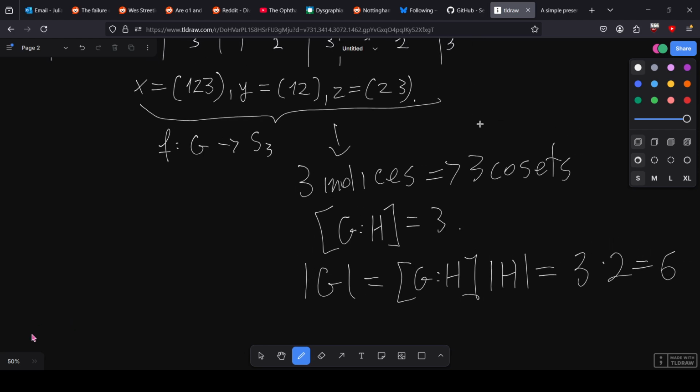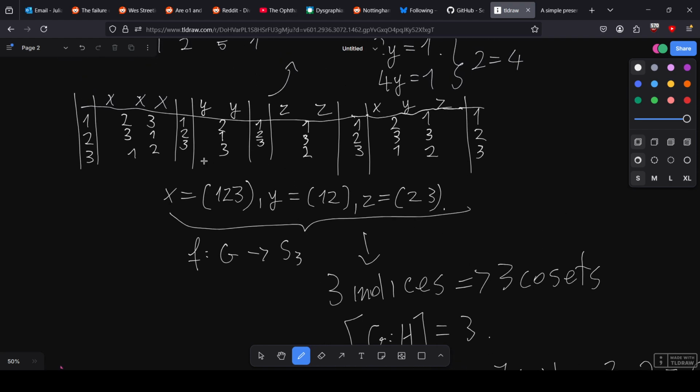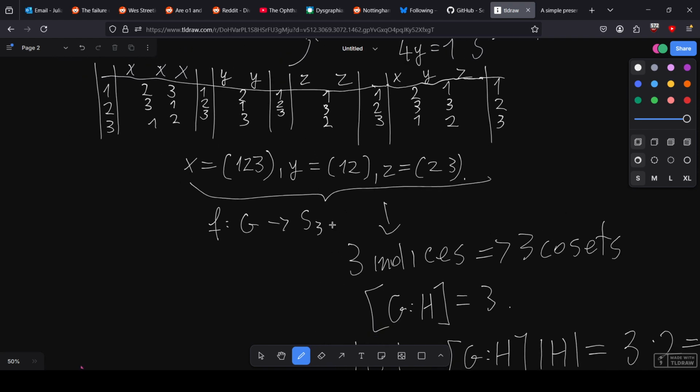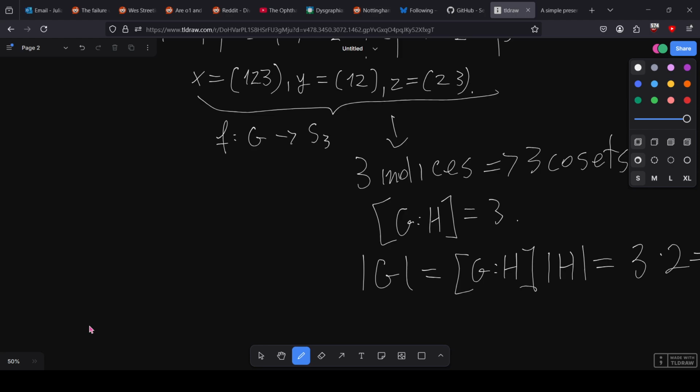And this exactly gives you the same results. The only real thing that we have done here in relation to the symmetric group is that the indices that we are using, 1, 2, 3, can be interpreted as elements of the symmetric group. And that gives everything.